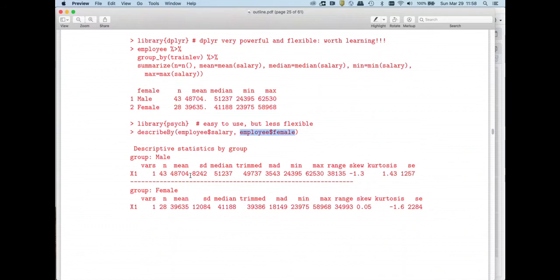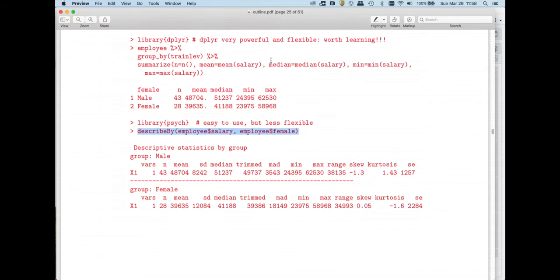You get the same answer. I mention them both because this is a bit easier, but less flexible than the dplyr command. We're going to be doing many different variations of this that can't be done by describeBy. So I think it's worth learning both.